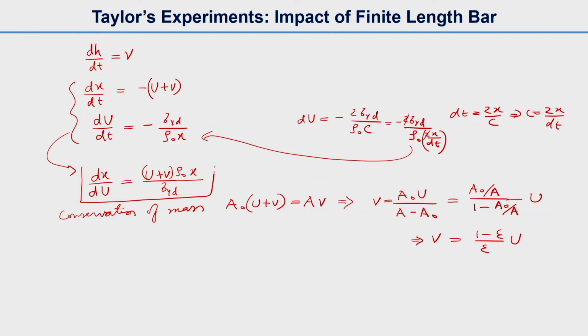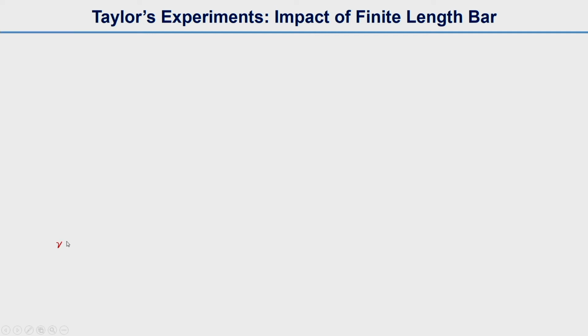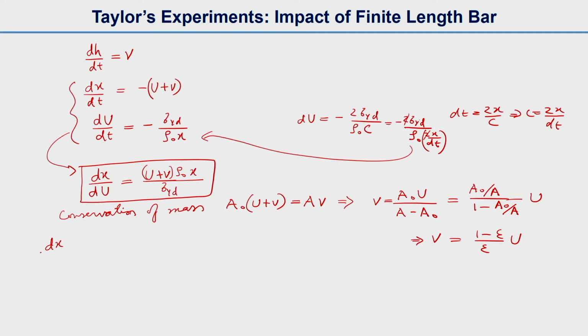So what we will do is substitute this v in the above equation. That will give us dx/dU equal to capital U plus u (1 minus epsilon) divided by epsilon, times rho naught x divided by sigma yd.